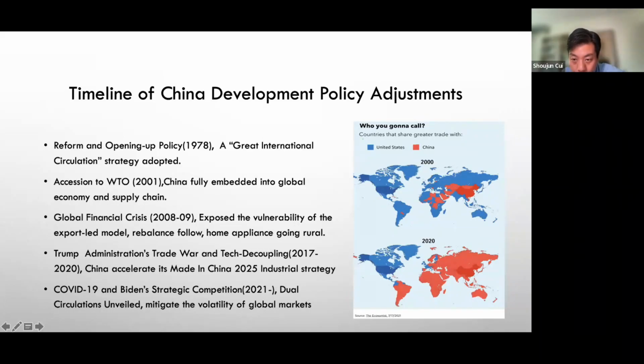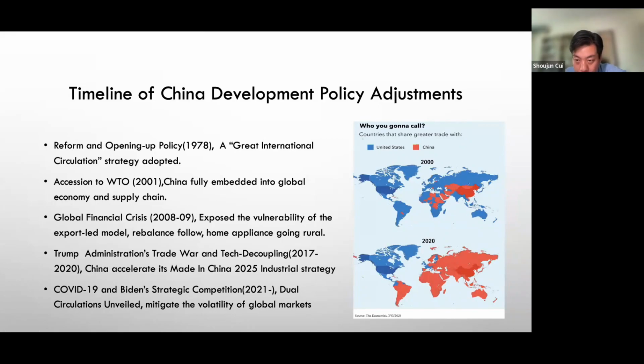Look at this graphic here. This graphic you can find in the report by Graham Allison, who is a professor from Harvard University, and he produced a very good report this year. That is China-US as a great rivalry.